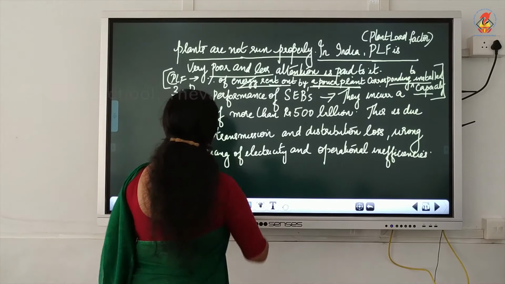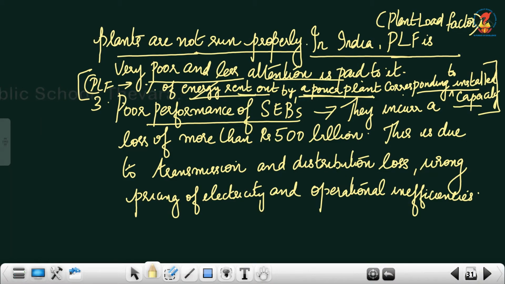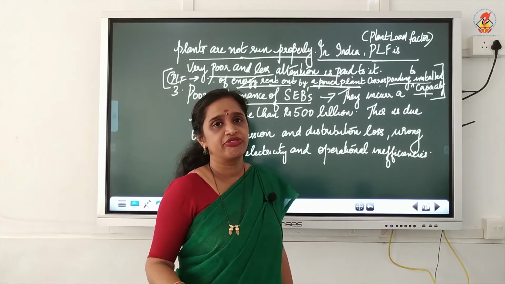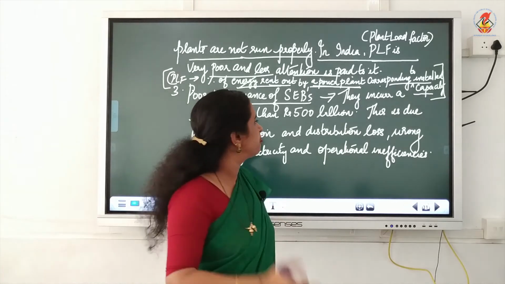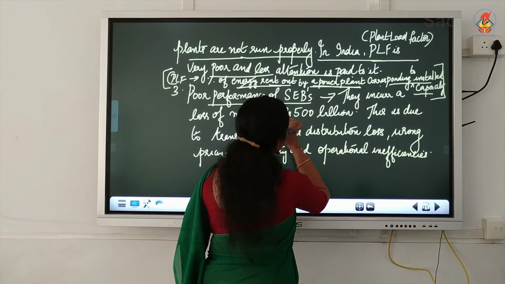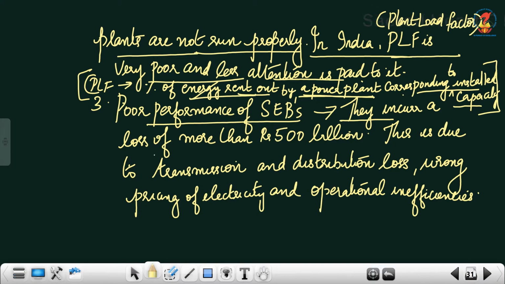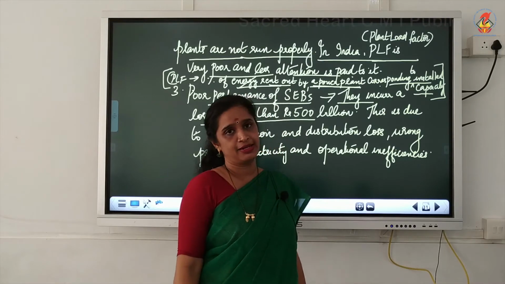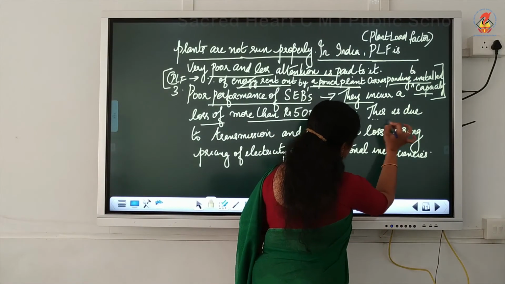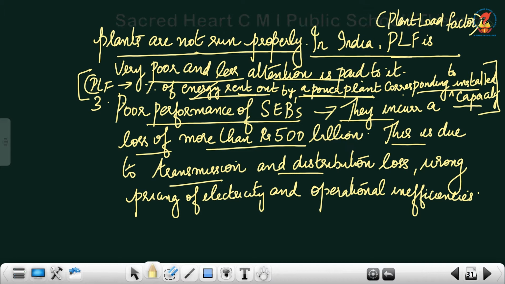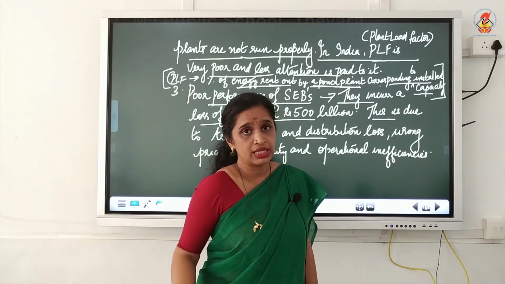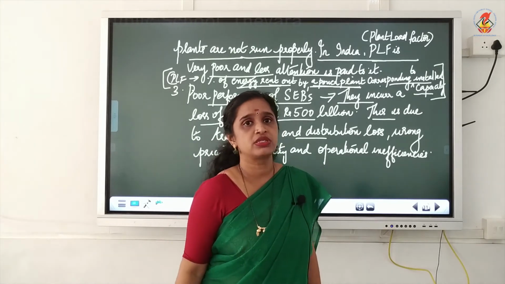Now, point number 3, poor performance of state electricity boards. State electricity boards have to be more vigilant in the production and usage of power. Let us see what their poor performance is. They incur a loss of more than rupees 500 billion. Why? This is due to transmission and distribution loss. While transmitting and distributing electricity, some loss takes place.